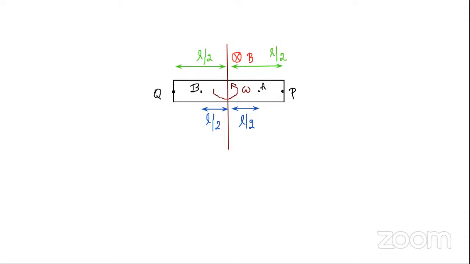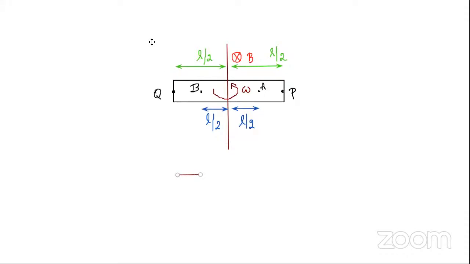Here from Q to this point P, you may be having a situation that this is like a battery. So here, at the point B, you may be having a battery.